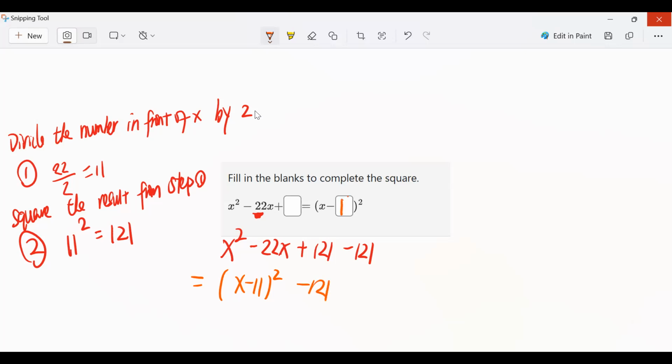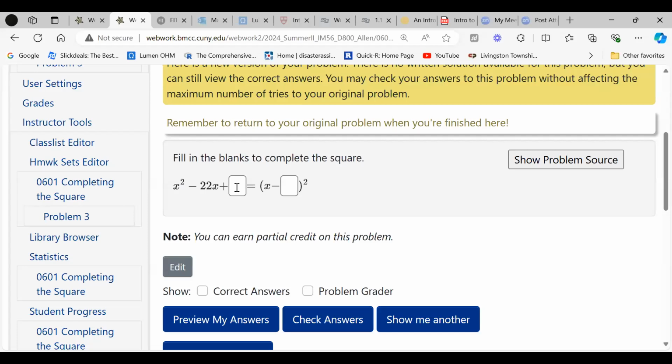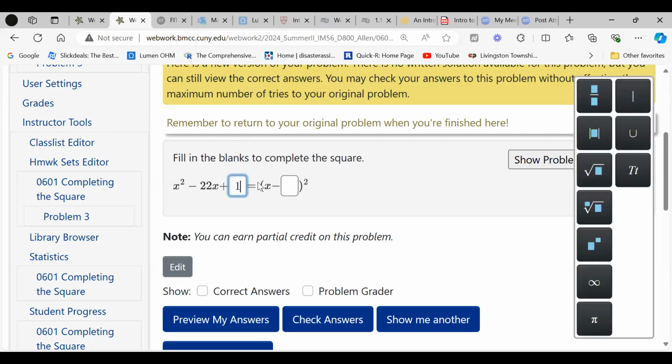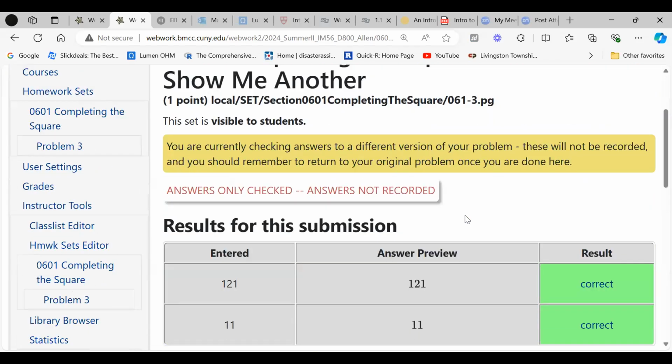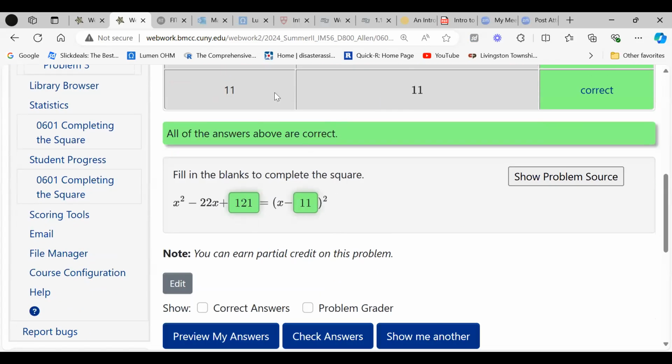So the number you're going to put in the box will be 11. Here will be 121. And then minus 11. Okay, so it's 121 and 11 squared.